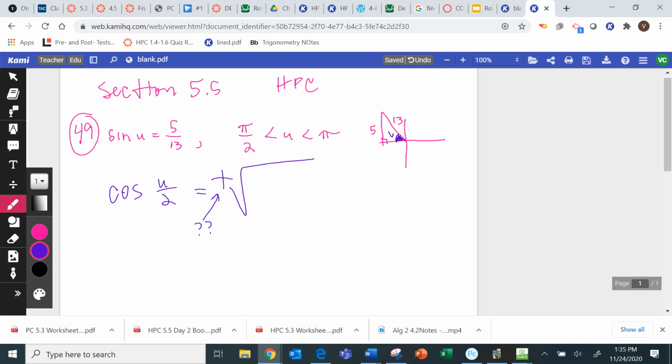These are the questions people are asking me. And I said, yes, cosine is positive in the second quadrant. They tell us sine u is 5/13, and they tell us it's in the second quadrant. So I can find my x value, which is -12.